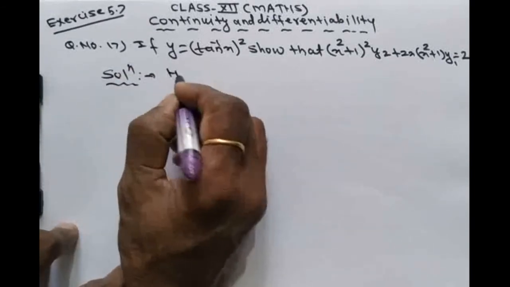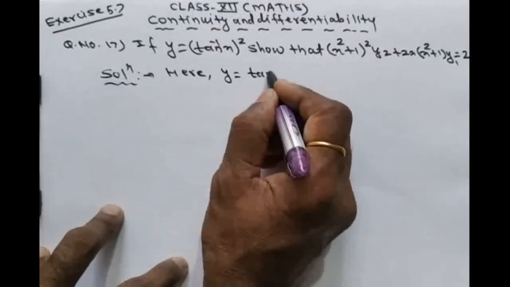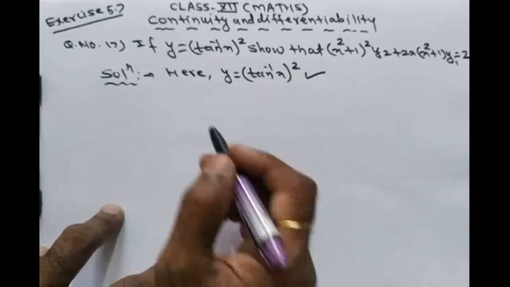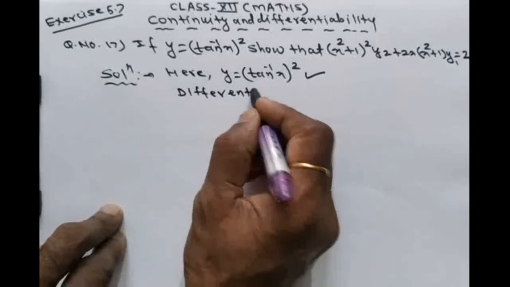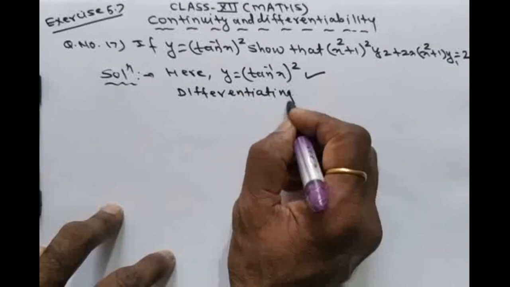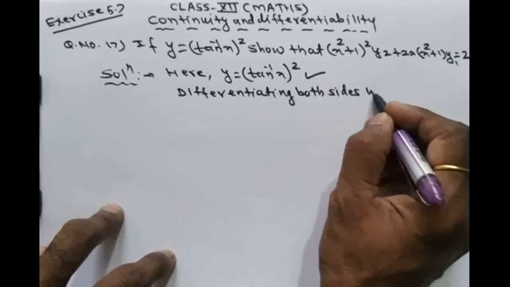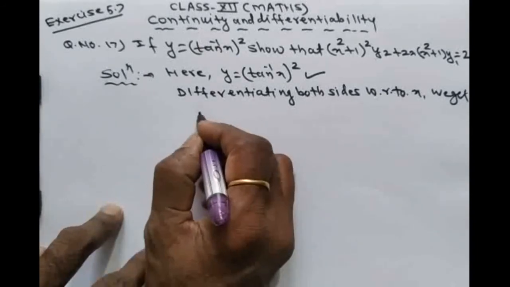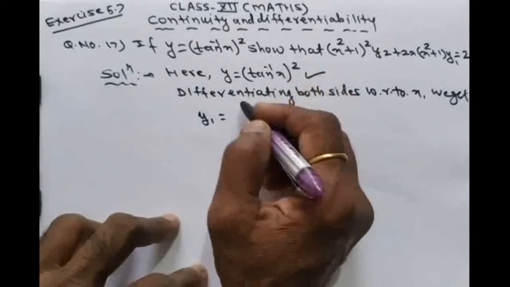Solution. Here y equals (tan inverse x) whole square. Now this is given, so differentiating both sides with respect to x, we get dy/dx, that is y1. Derivative of x² is 2x, like that.